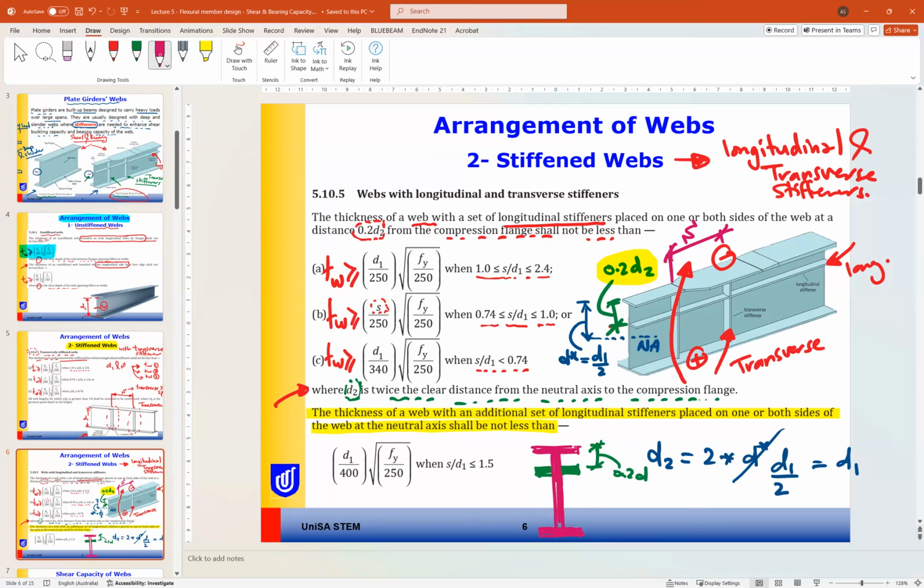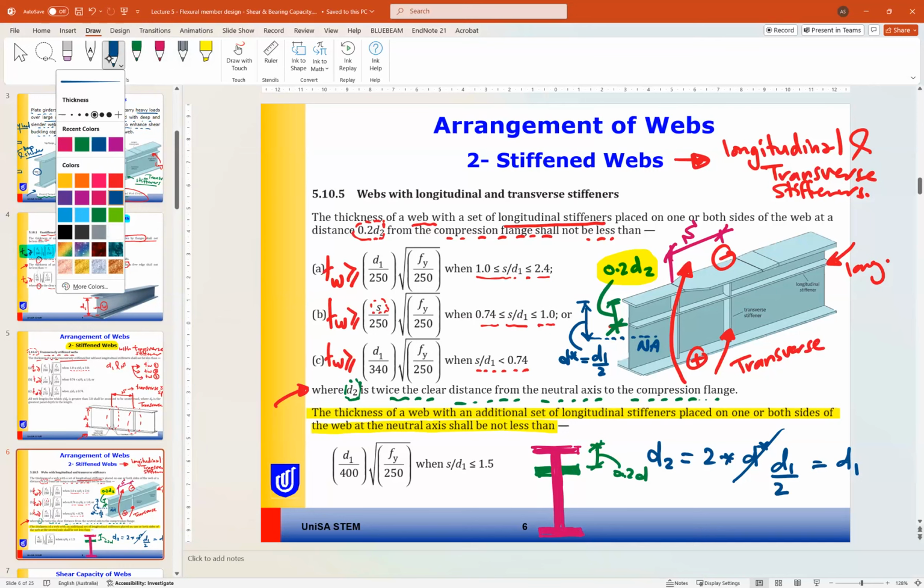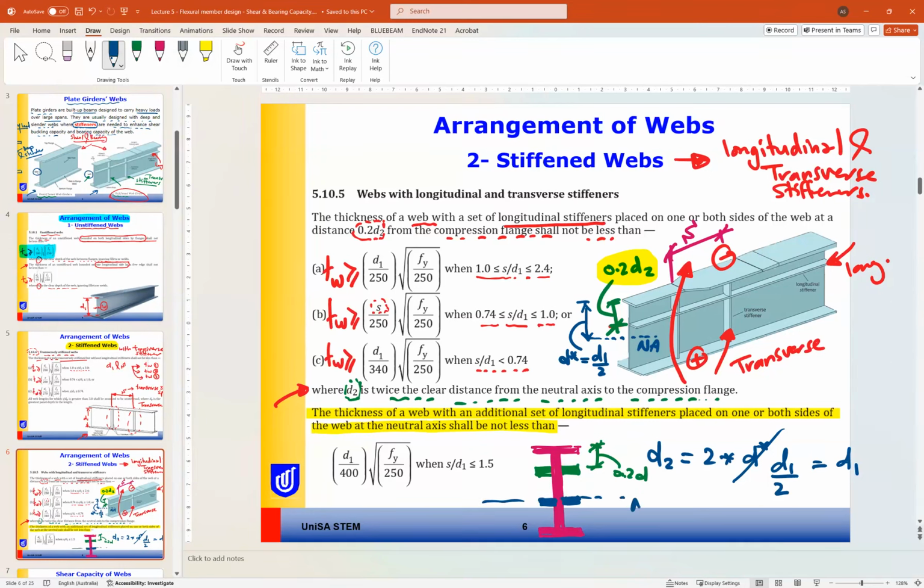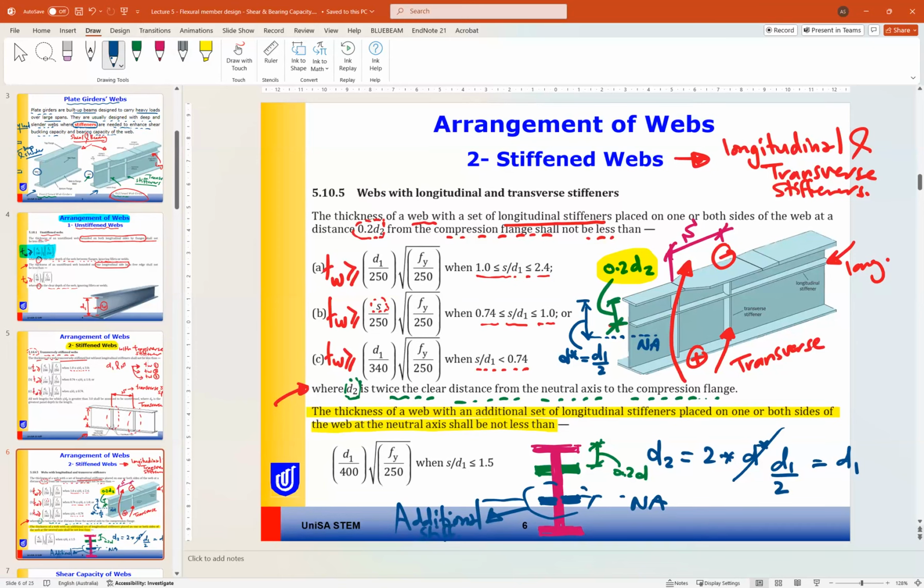So this was the first case of the standard. Second case, if we add one stiffener here as well at neutral axis, if we consider this our neutral axis, if we have additional set of stiffeners here, so in this case, the thickness of the web should follow this value.